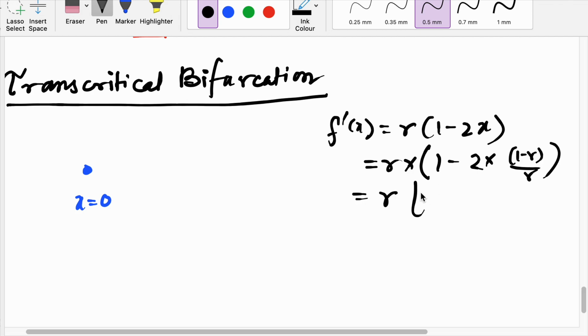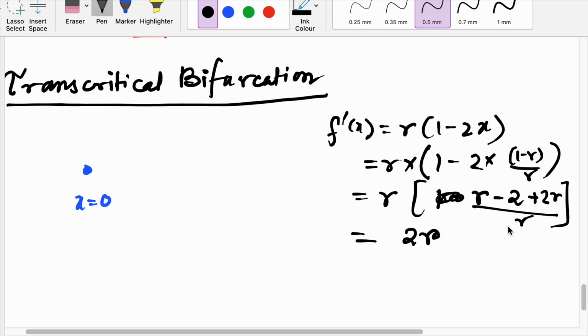So it will become r minus 2 plus 2r by r, which is 2r minus 1.